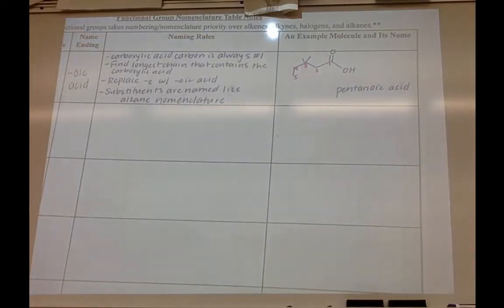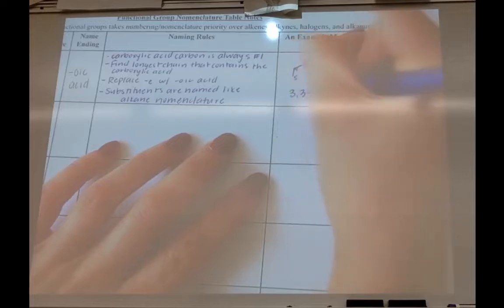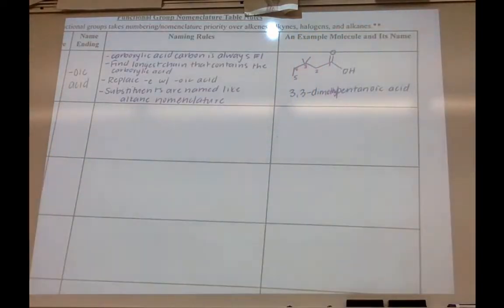Now you still have to make sure that you're numbering your substituents and naming your substituents. We can't forget about those. What substituents do we have here? We have 2 methyls on carbon 3. So we have dimethyl. Make sure if you have 2 methyls, you give 2 numbers. So it would be 3, 3, dimethyl pentanoic acid.